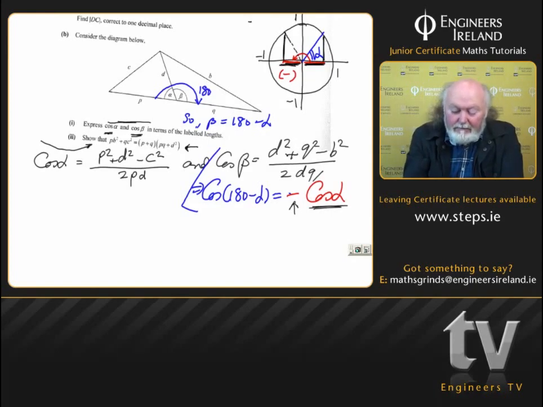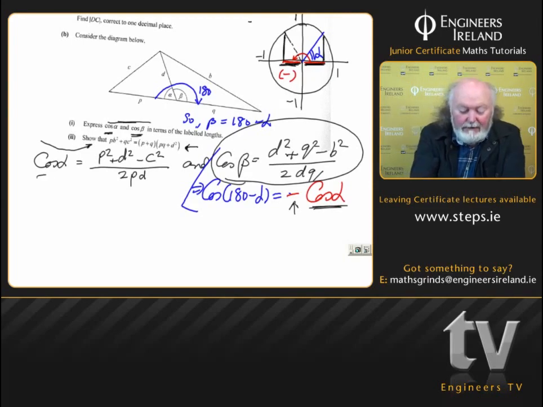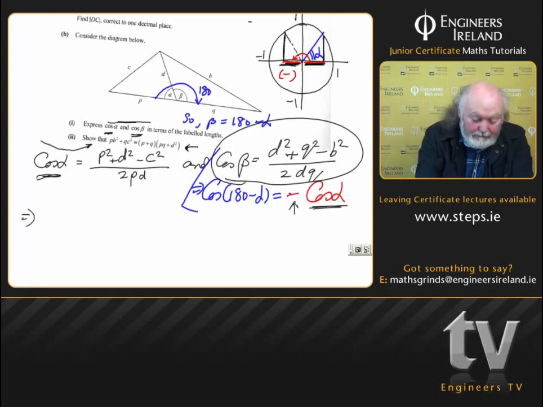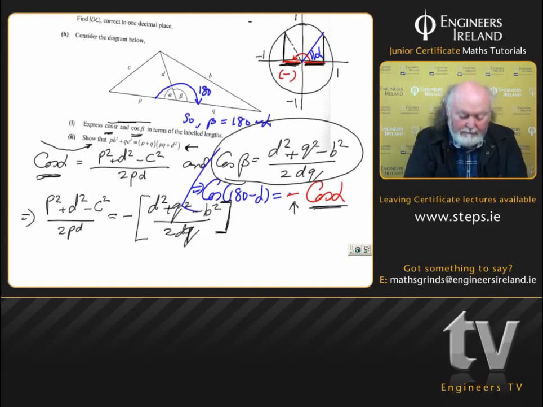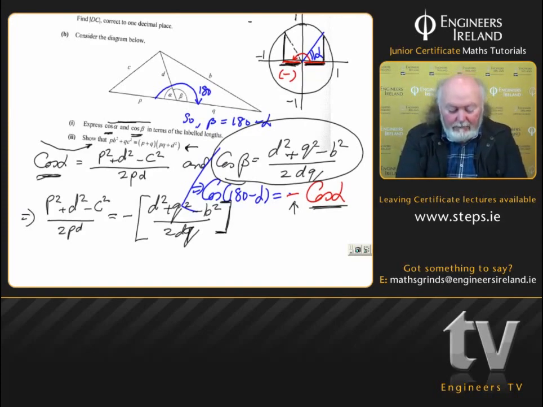So we have, and we know that this is minus cos of alpha and this is cos of alpha, so that lets us put the two together. And now you're just involved in a little multiplying back and over.